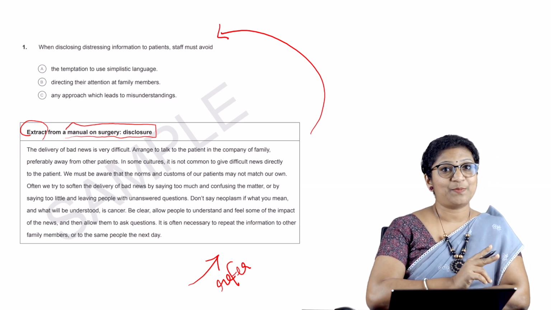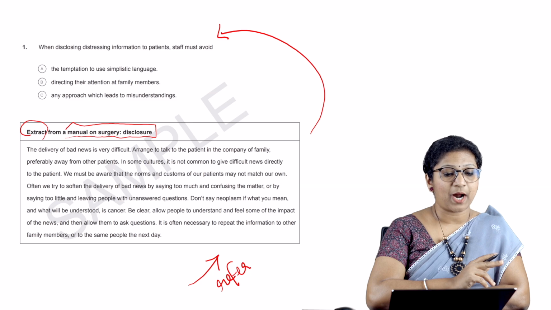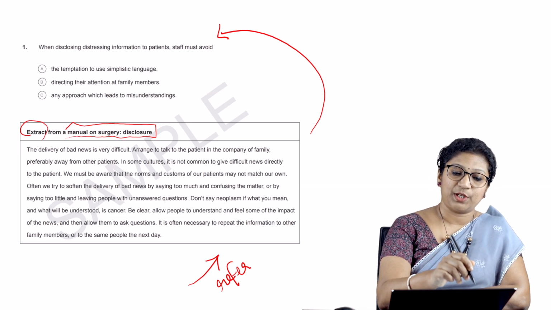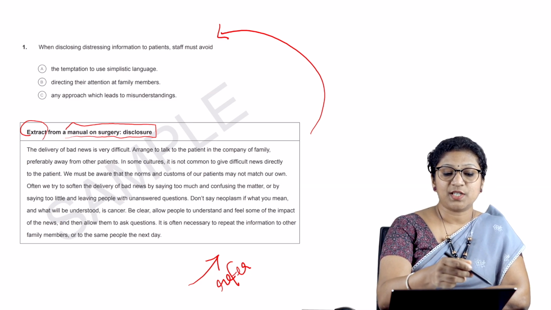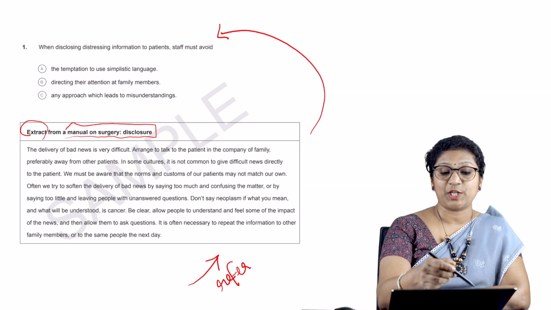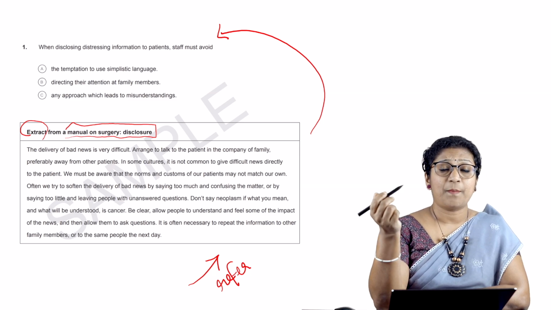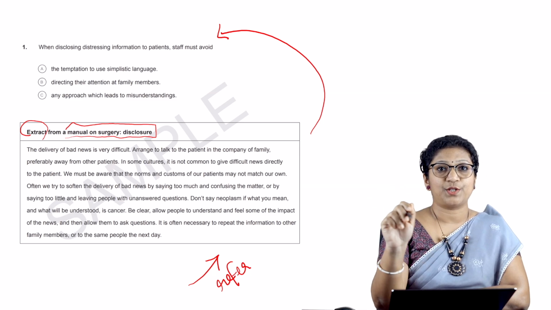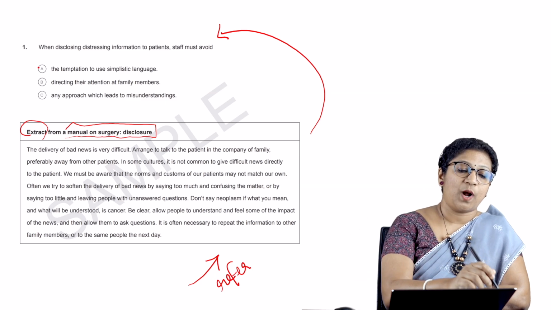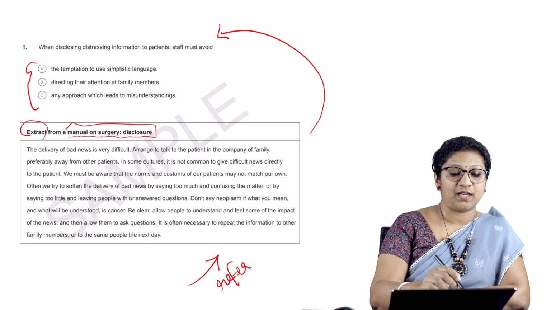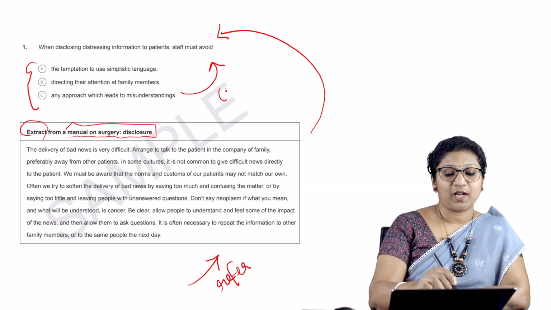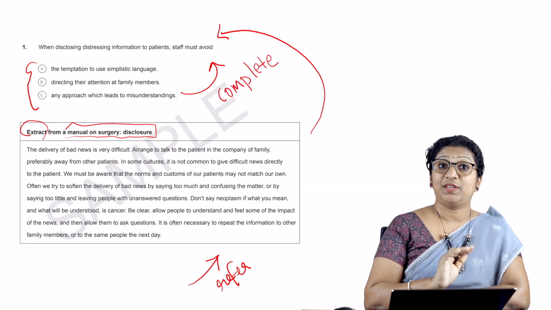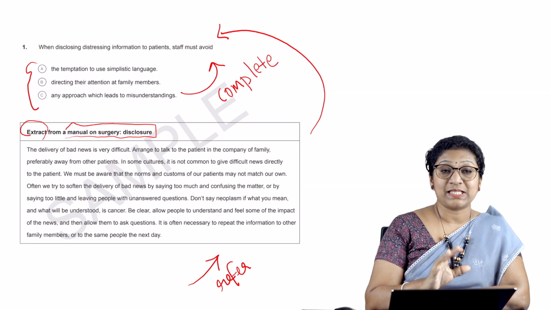There are two types of questions possible in OET Reading Part B. One is this particular type, where it says, when disclosing distressing information to patients, staff must avoid... which means one of the answer options listed here will complete the sentence. So this is a sentence completion question type.